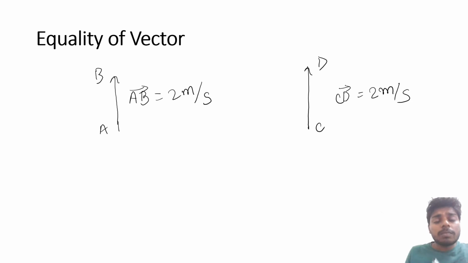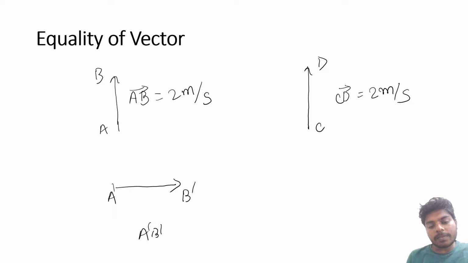If any one of these two, magnitude or direction, varies, then they are not equal. Here is again A'B' vector, equal to 2 meter per second. Let's write that down.